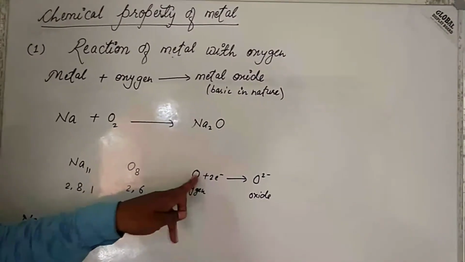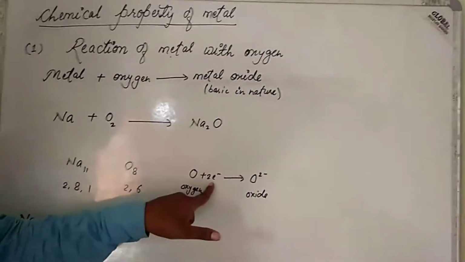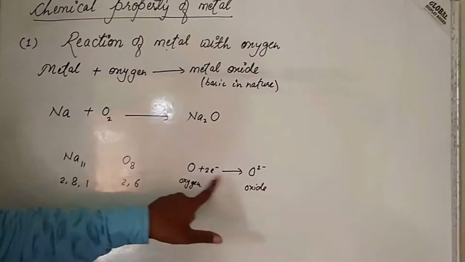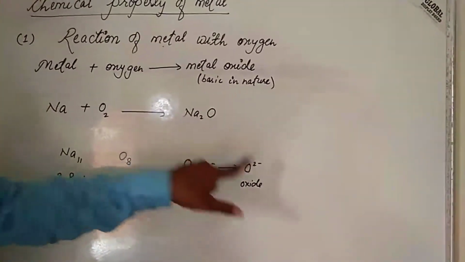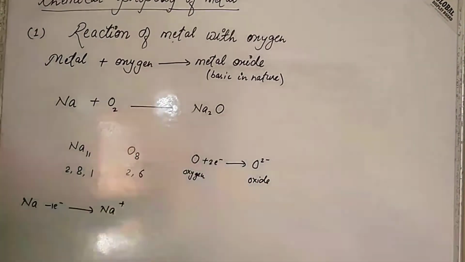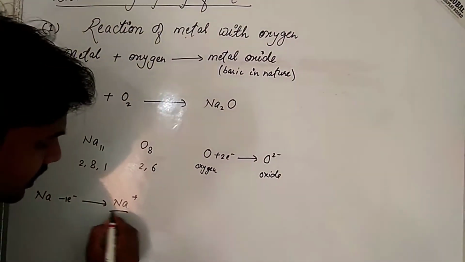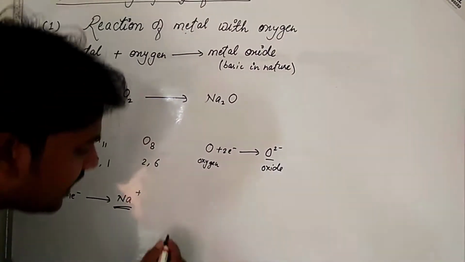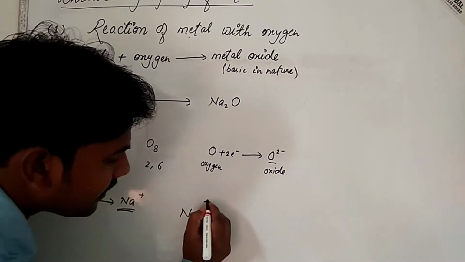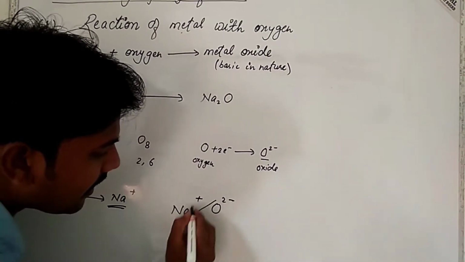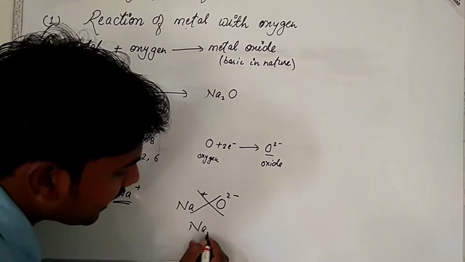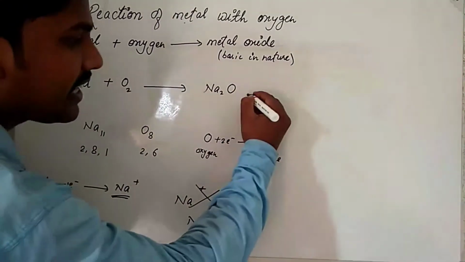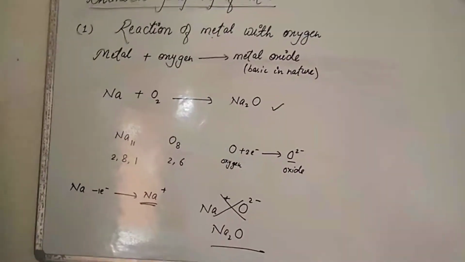Now this sodium and this oxide combine and form the product Na2O. Is that clear, children?